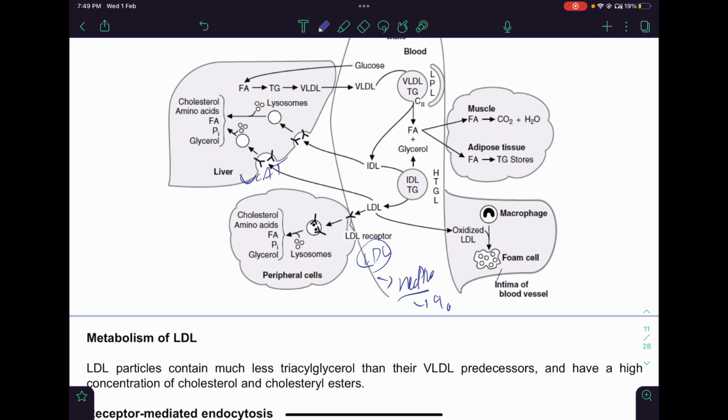The problem is if the LDL receptor is defective, through always recycling and losing a percentage of the receptor, eventually it will form damage to the receptor. The receptor will not act as a gate, and the gate is just broken. You cannot recognize the ApoB 100. You know what's happening?